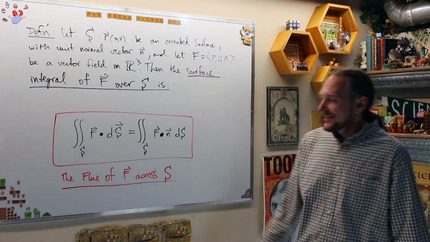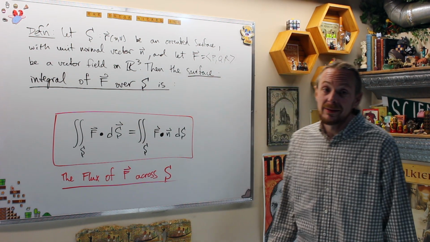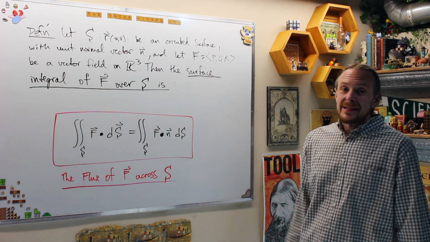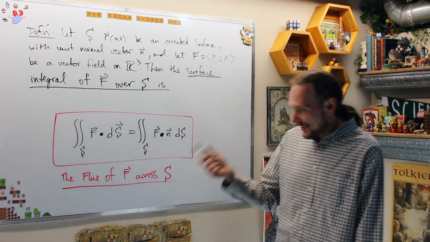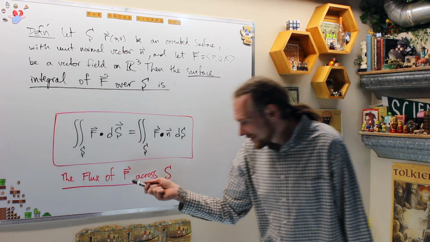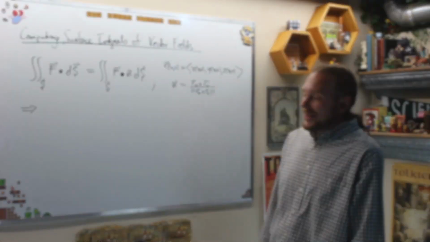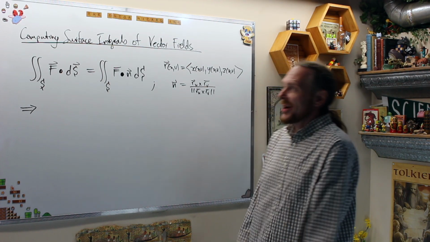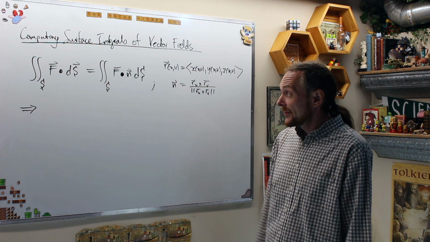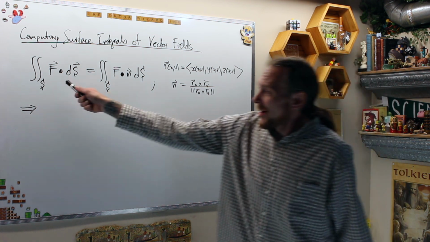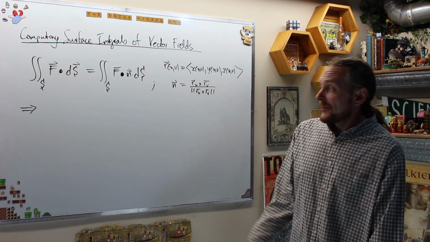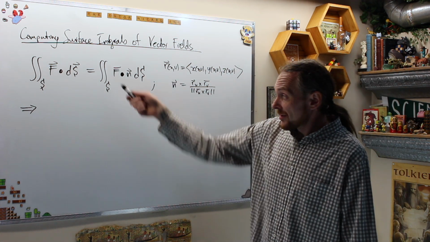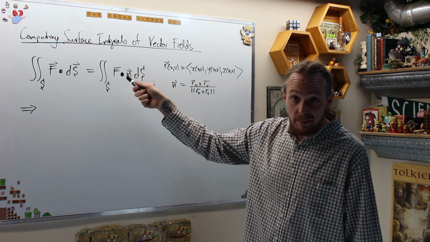In words, this is saying that the surface integral of a vector field F is the surface integral over its normal component over that surface S. This is also called the flux of F across S. All right, so how do we compute this flux, or how do we compute the surface integral of vector fields over orientated surfaces? We now have a definition which says that the surface integral of a vector field is actually equal to the surface integral over the normal component.